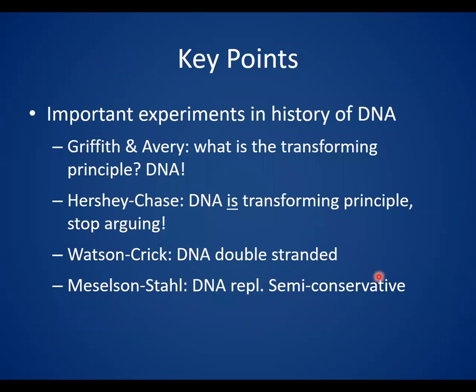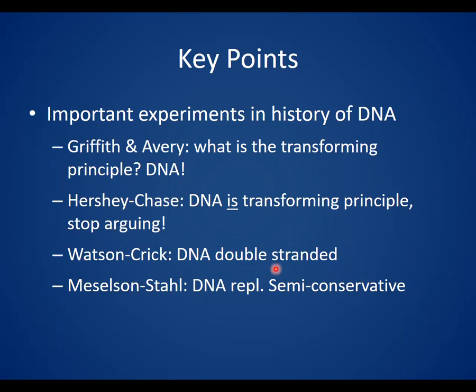So, let me just sum up what we talked about so far, the important experiments in the history of DNA. Griffith and Avery both suggested that the transforming principle was DNA. Hershey and Chase, the Waring blender experiment, showed conclusively that it's DNA and not protein. And so they really settled that question.